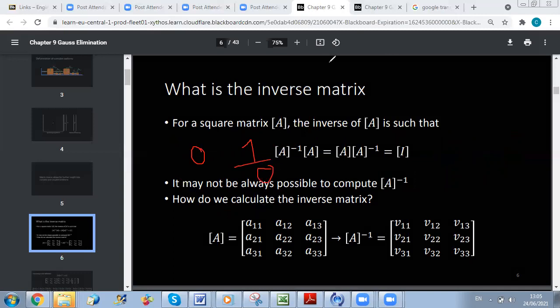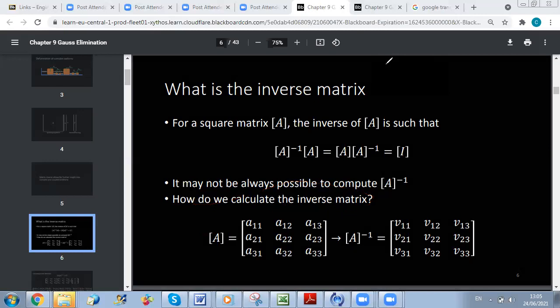It will be infinity, and it will not be a definite thing. So this is why we say that we cannot always compute the inverse of a matrix, and the criterion in matrices is that if the determinant of a matrix is 0, I cannot define an inverse form.